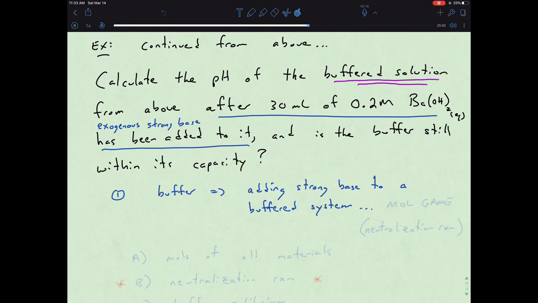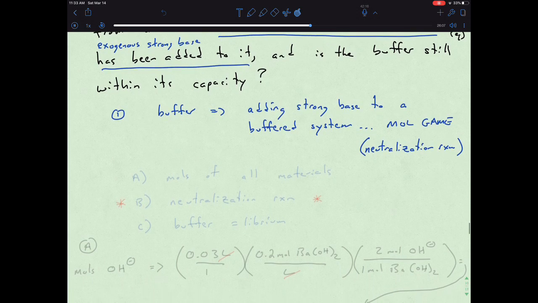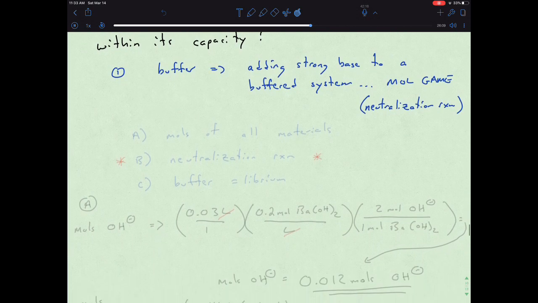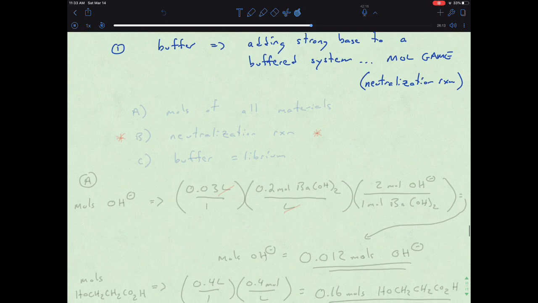That means it's a mole game, and the reason is the neutralization reaction that has to occur. So now we really have two things going on. We have the buffer equilibrium, which we talked about above, but since we're adding strong base, that buffer is going to neutralize that strong base.